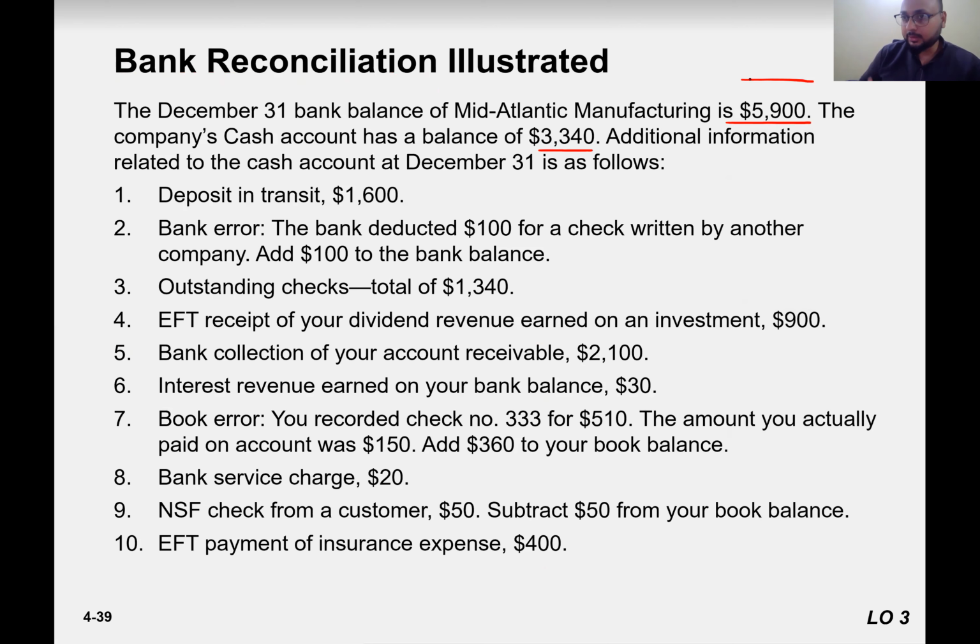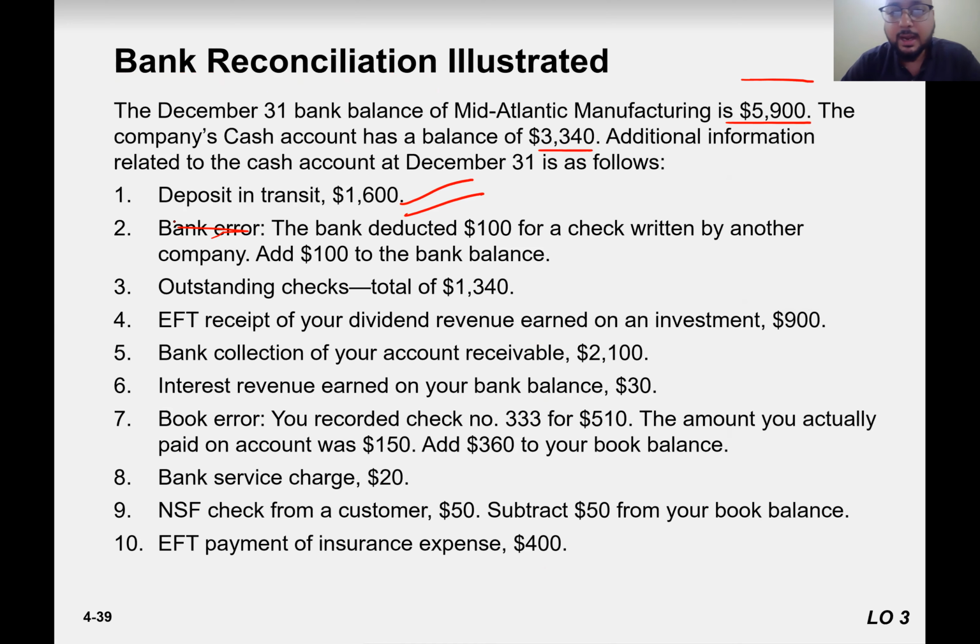So when you receive the statement, you find out that there is a deposit in transit of 1,600. It means we increased our cash, but it takes time for the bank to process it and increase the balance, right?